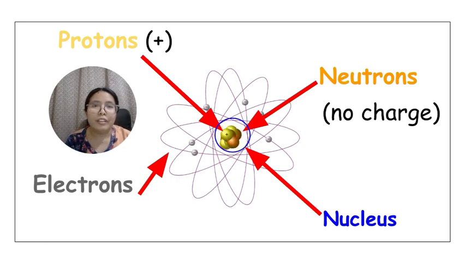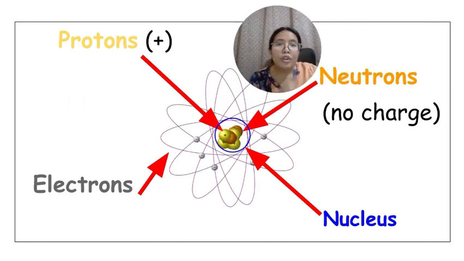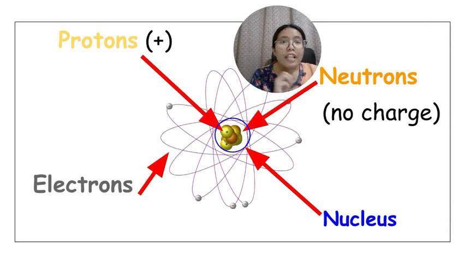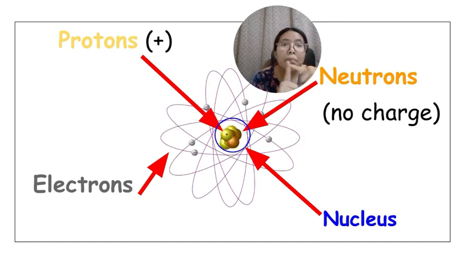At yung nasa gitna pa, nakasama ng protons, we have neutrons. At ang neutrons ay walang charge. Kung ang protons ay may positive charge, ang neutrons naman ay walang charge.